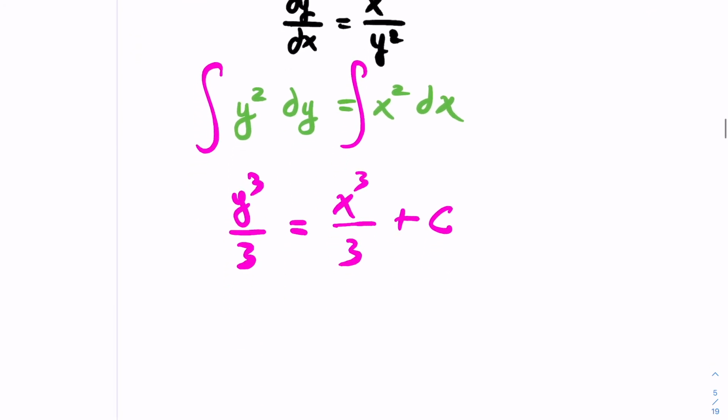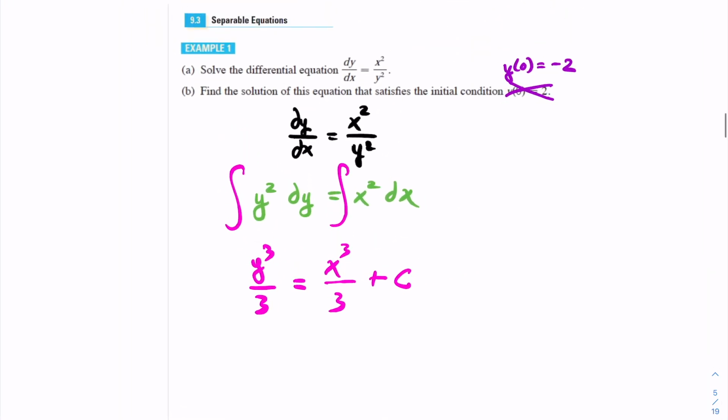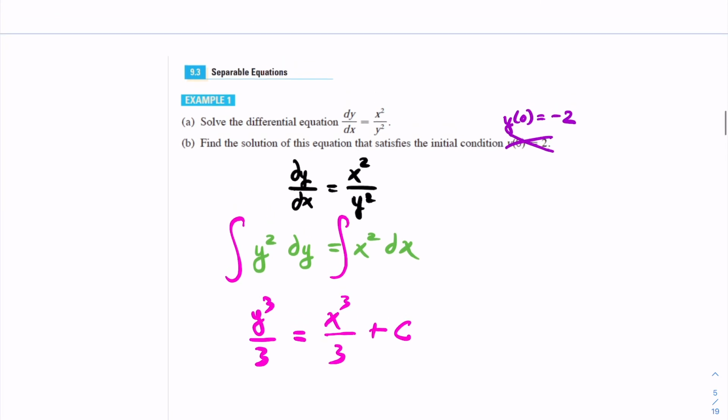Okay, so we separated, we integrated. Now we have to find c. So they gave us a condition here. y of 0 is equal to negative 2. So inside, that should represent the x coordinate, and this should represent the y coordinate. So y of 0 equals negative 2 is like 0 comma negative 2.